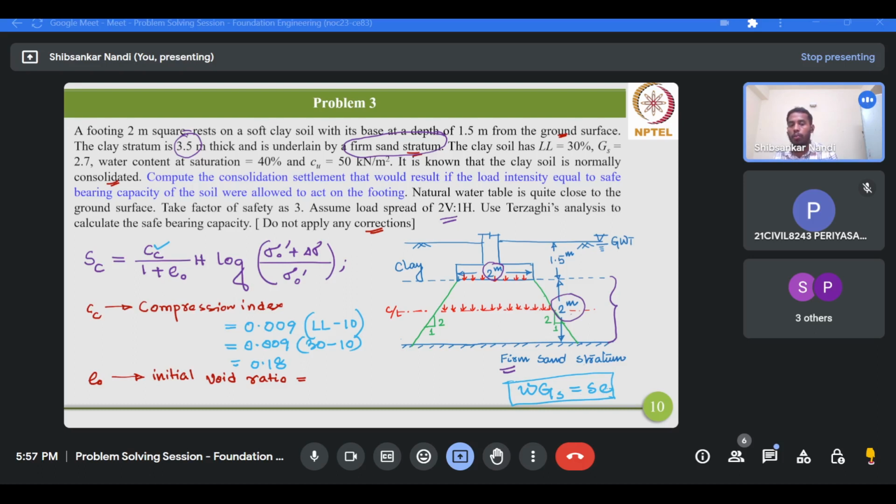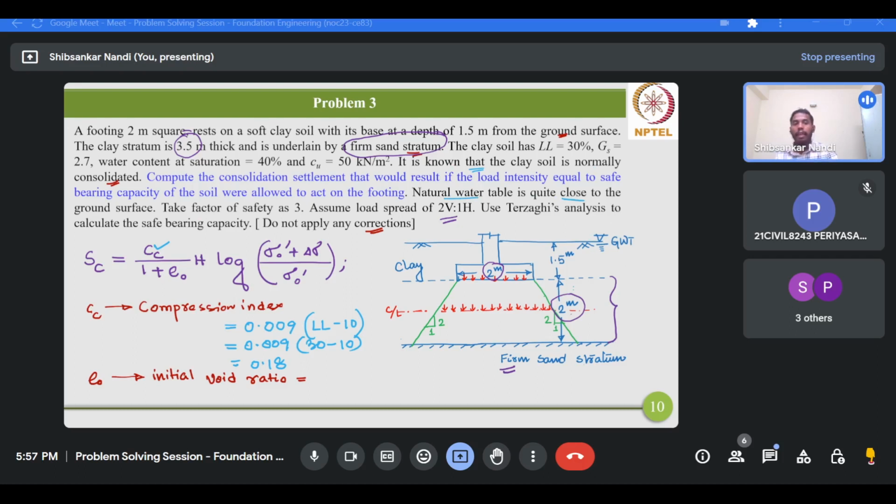Now what will be the value of e? e will be simply w Gs divided by S. One point to note for this problem is that the natural water table is quite close to the ground surface, so the water table is basically located at the ground surface.